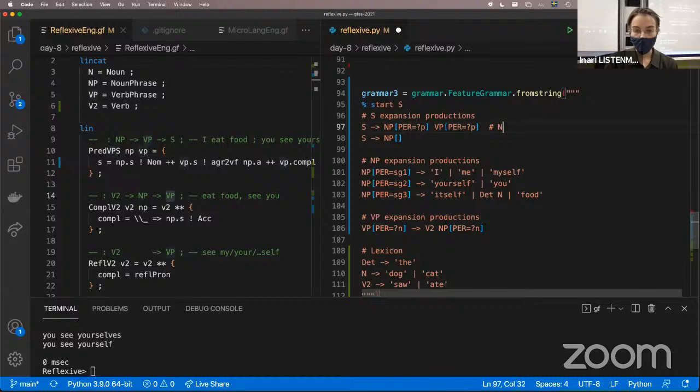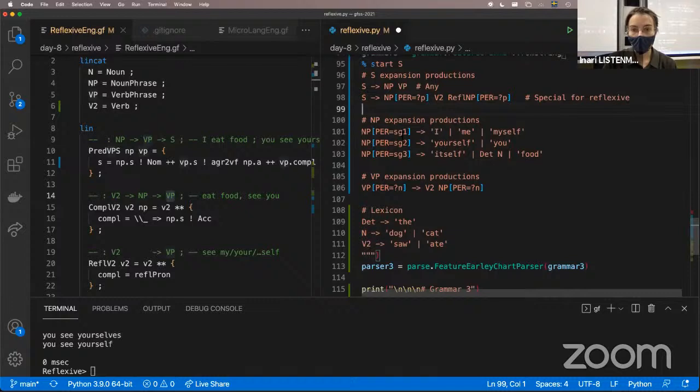So reflexive, and this one should be the reflexive. So now we put person is P, and then let's put B2, and then refl NP. Okay. So let's put this into any. And now I'm going to refl NP.